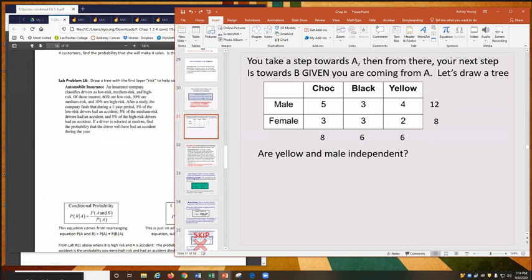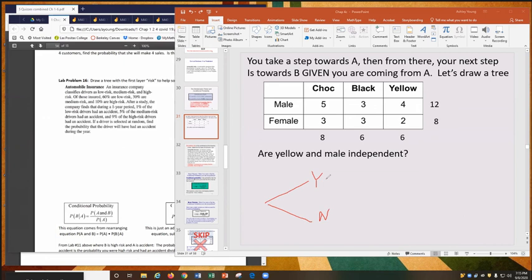So it'd be sort of like yellow, not yellow, and then the next thing would be the probability of male, given that you're yellow.